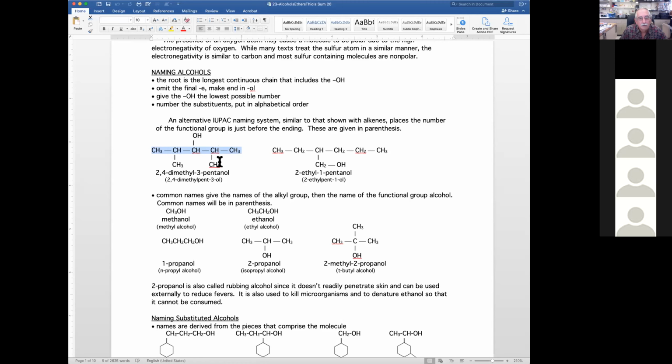And then you've got 2 methyl groups, on 2 and 4, right? So 2,4 dimethyl 3 pentanol. An alternative naming system would say 2,4 dimethyl pent, and they put the 3 in front of the ol.